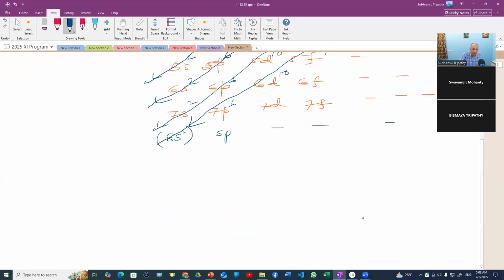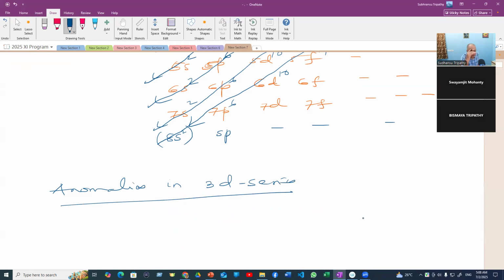Now, we should go to the anomalies, the anomalies in the 3d series. As you already know, in the transition block, the d block, the d orbitals are successively filled, or you may say their number increases.